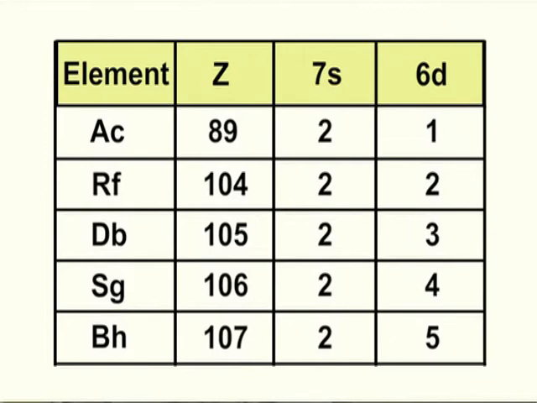We are looking here at the first element, actinium, of this series on the screen. Its atomic number is 89, its symbol is Ac, and its electronic configuration is also shown here on the screen. It has 2 electrons in its outermost shell and 1 electron in its penultimate shell.